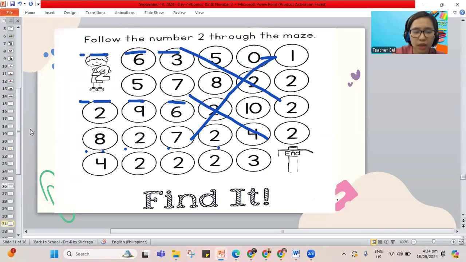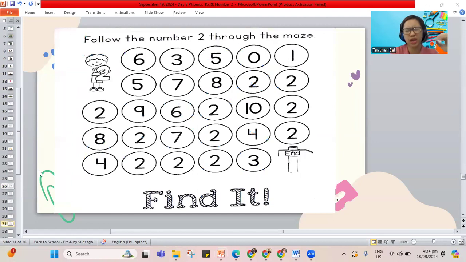Let me erase and let's check. You need to dab for all the number 2's. So let's see. Let's get the crayon. Or for your case, Yumika, you get to use your dabber to dab. So we have 2. Let's help the boy find all the 2's so that he can go back to the end.